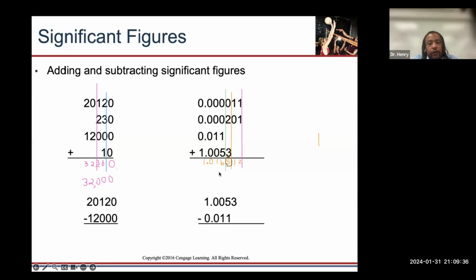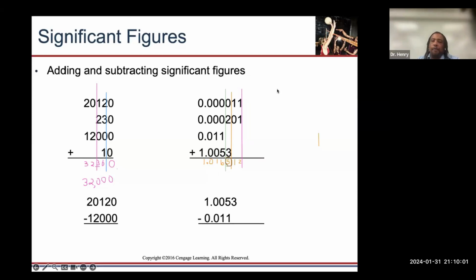Since there's numbers following it, or is it less than 5? So we got a 5 and we have numbers following it. Would that be greater than 5, or less than 5?